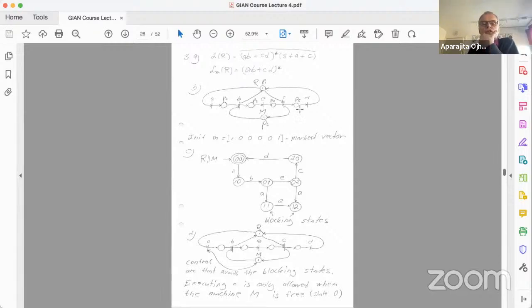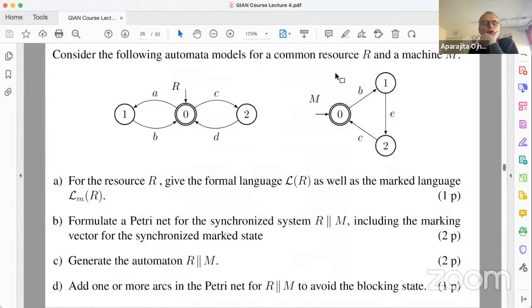Now B and C are shared with the resource, but maybe not the ones we expected. It's not the first, so to say, booking event. You could say that the C event is a booking event because then the other alternative cannot be booked, so to say.